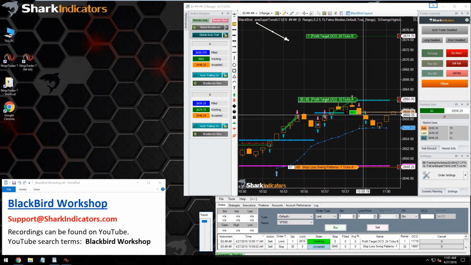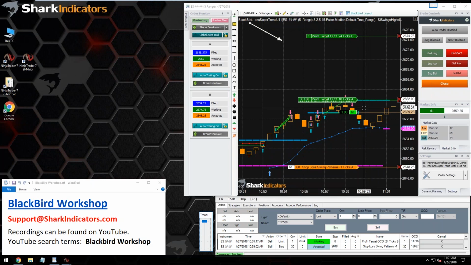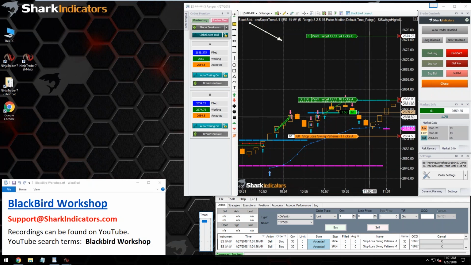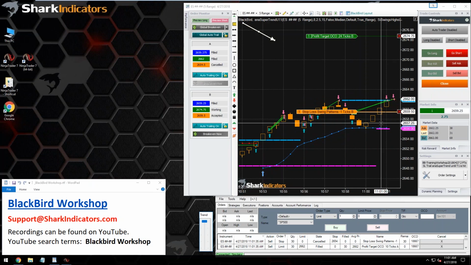Remember, the way we set it up is that once stop loss B moves to break even, it's supposed to stop trailing the anaSuperTrend. Okay, there we go. So our stop losses did their initial trailing of the super trend, just moved up. There we go. Target 1 filled. We moved to break even.